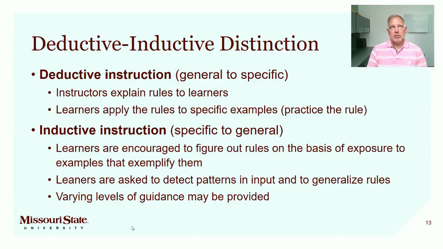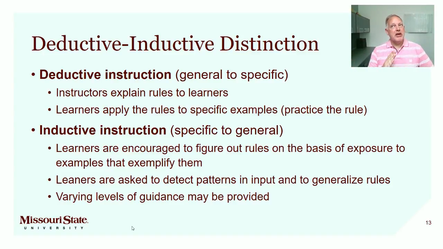So if we happen to be working on the irregular preterite verb forms, I explain those rules, the general rules, and I have the learners apply them to specific examples. This is, again, the more traditional, more explicit approach, okay? Because there are degrees of explicitness, going from very explicit to not as explicit, almost implicit, and then implicit, right?